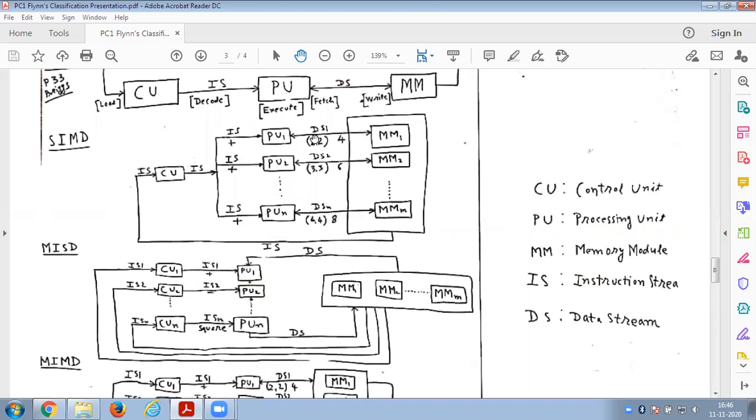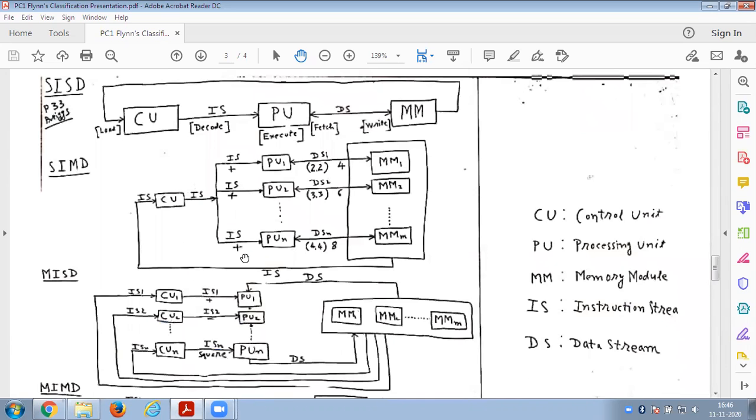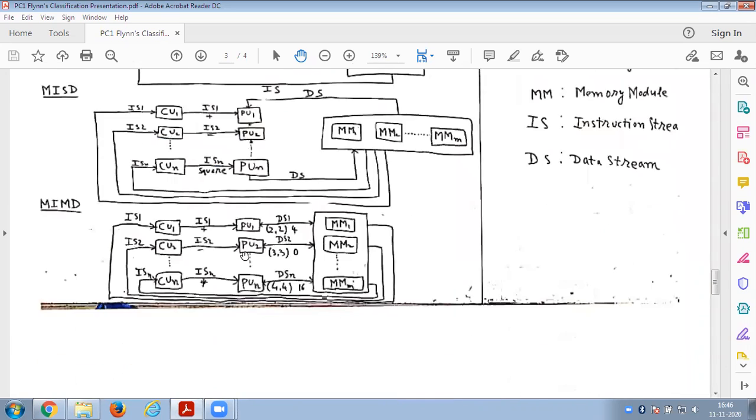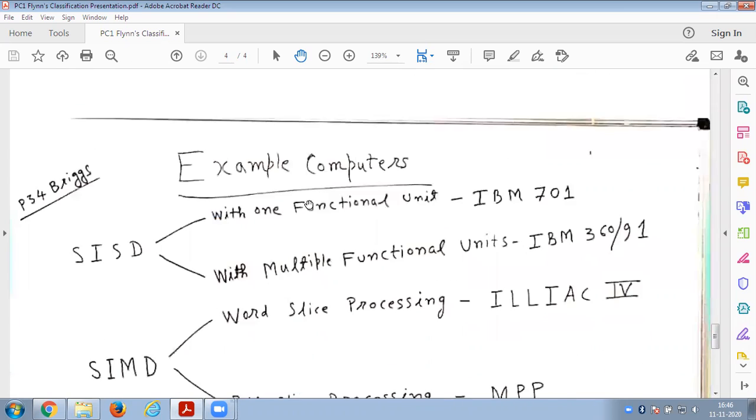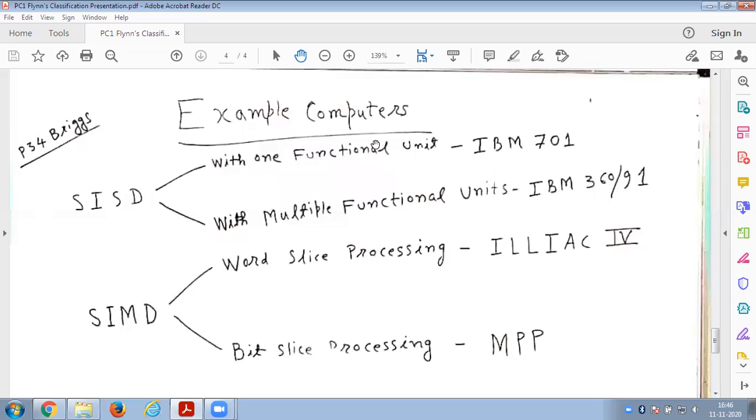So this is all about SISD, SIMD, MISD, MIMD. This is Flynn's classification scheme. Now, what are the example computers which exist all over the world? Under SISD, as I told, all personal computers are there, but still for example computers, as I have taken this from page number 34, BICS, with one functional unit, the example is IBM 701.